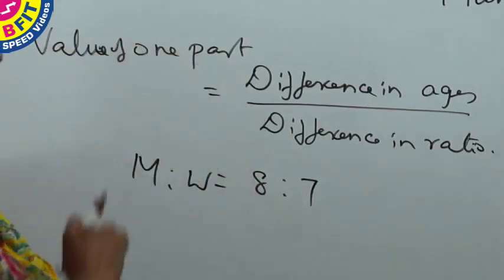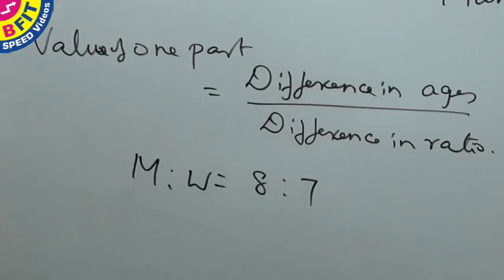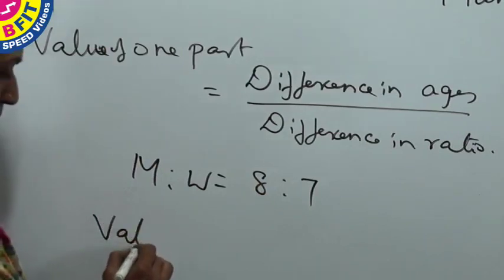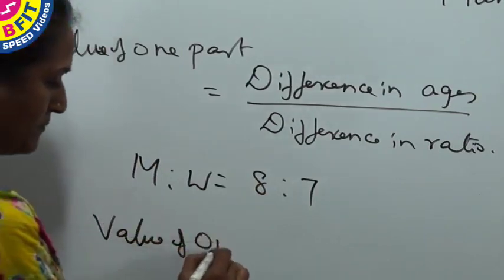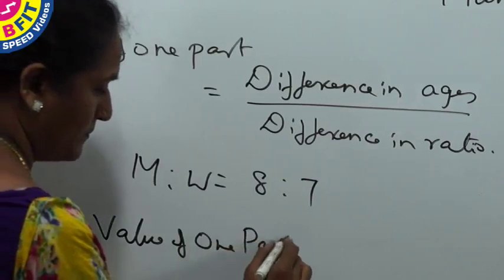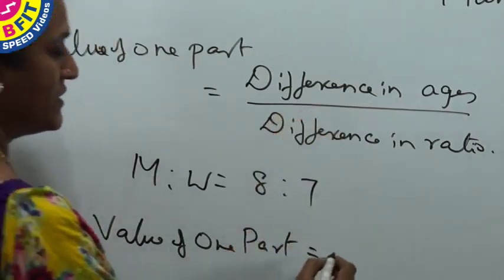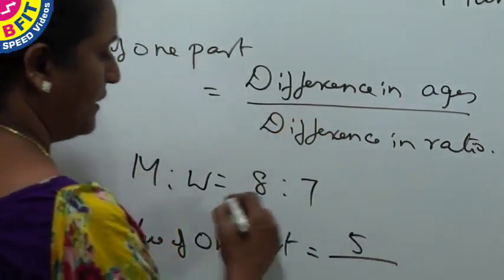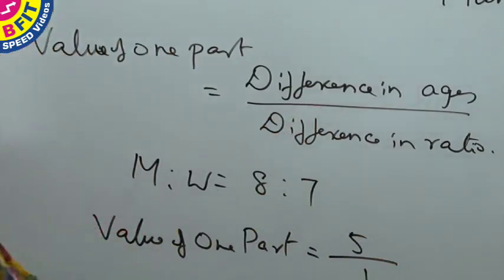At the time of his marriage he is 5 years elder, and after 15 years also he will be 5 years elder. So to find the value of one part, the difference in the ages is 5 and the difference in ratio is 1. So the value of one part itself is 5.